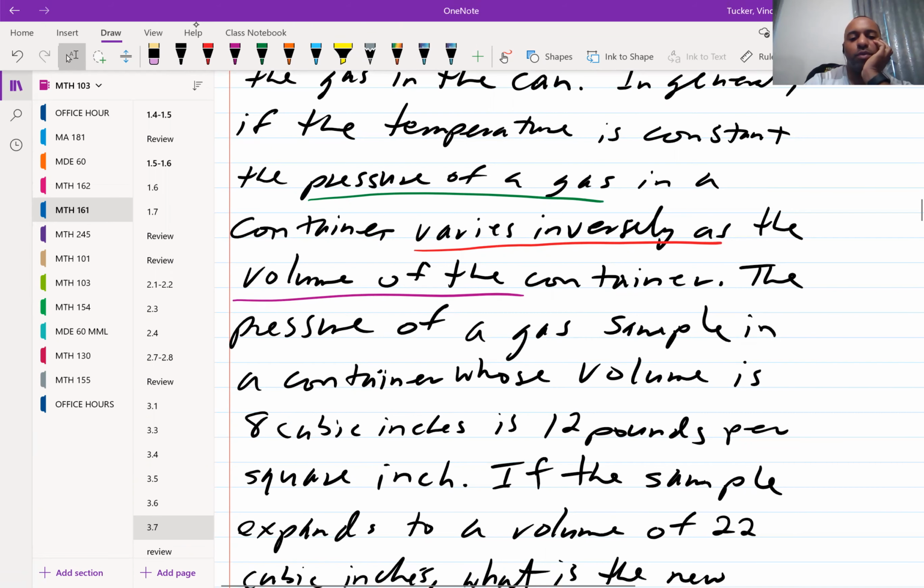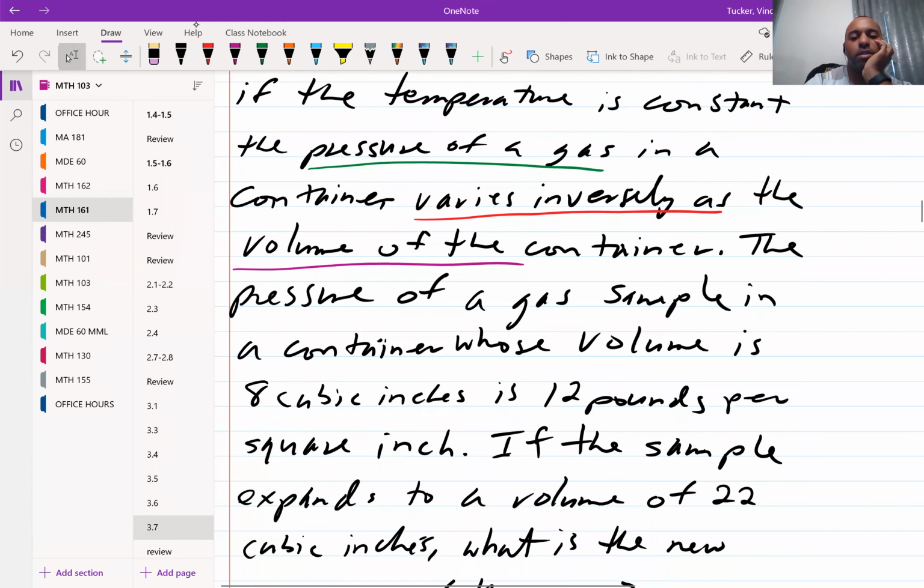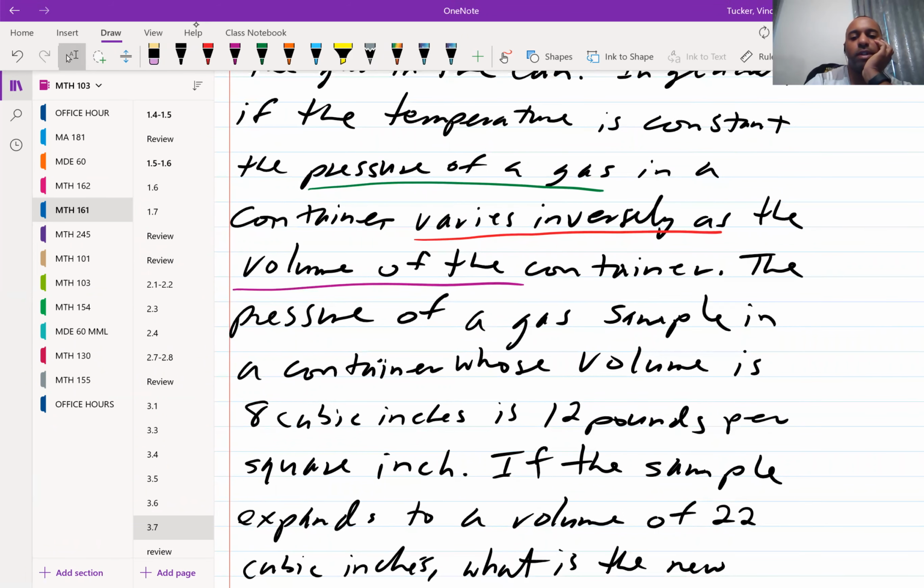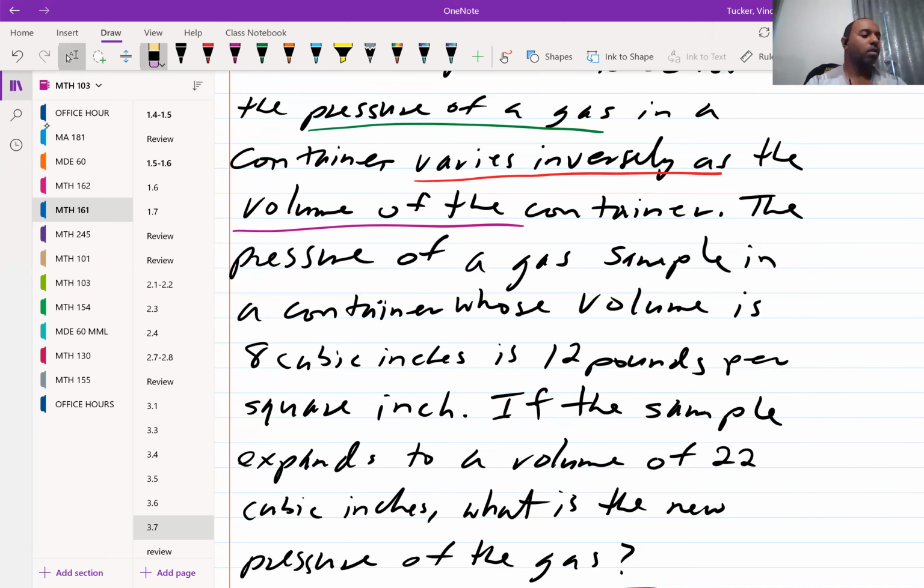If the sample expands to a volume of 22 cubic inches, pause right here. So we're looking for the new pressure of the gas.